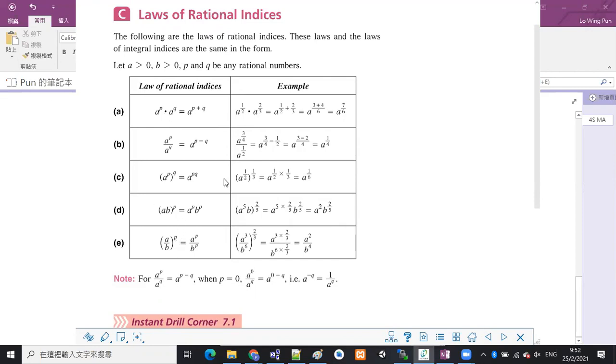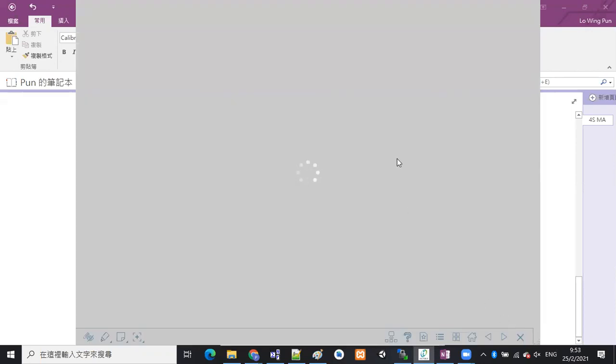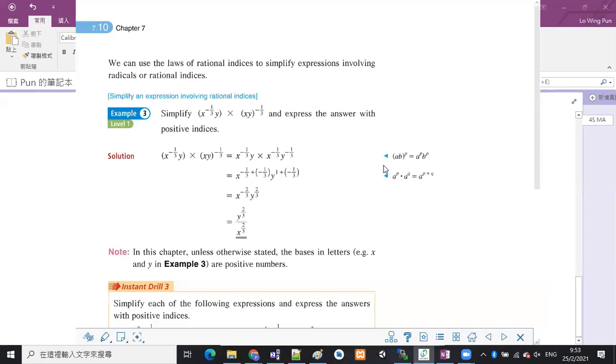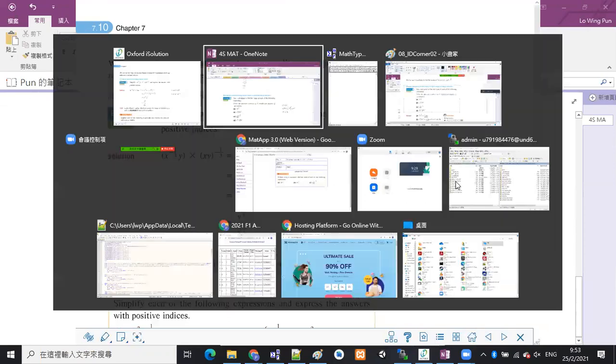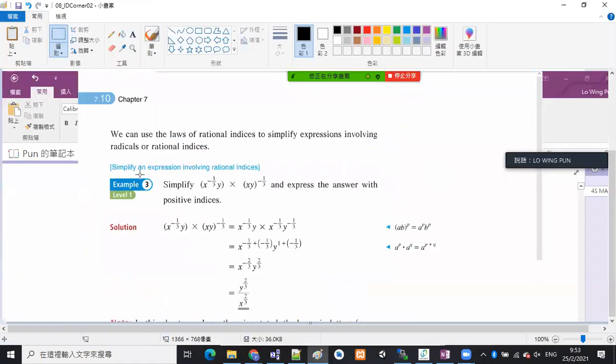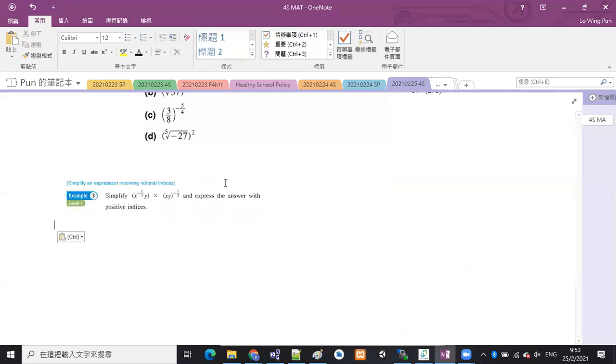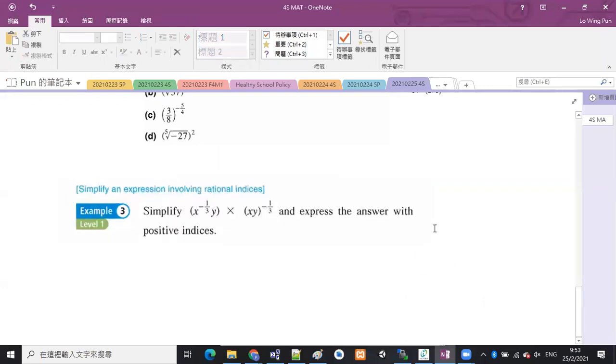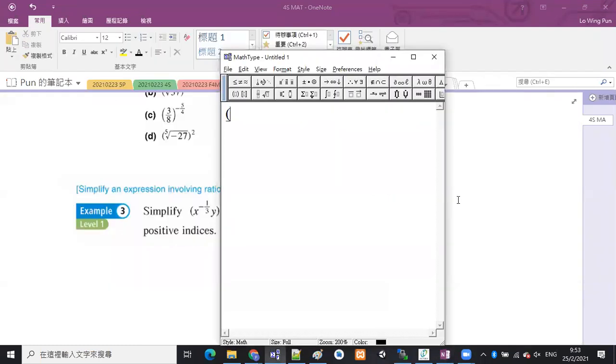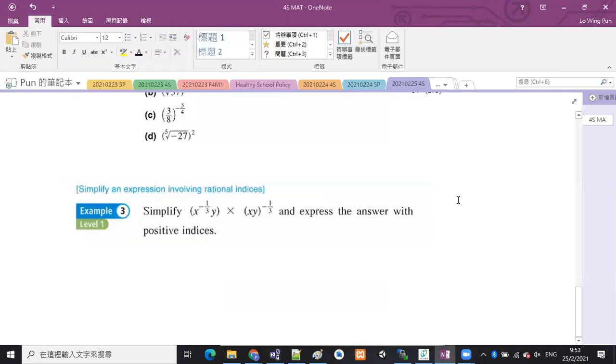So I won't say much here, let's go directly to the examples to see how the questions will ask you. Okay, example 3. Simplify this and express the answer with positive indexes. Actually, you just do the same thing as it is an integer index.